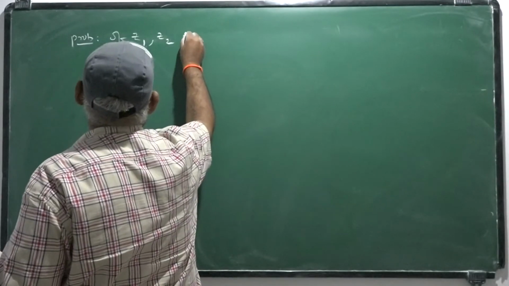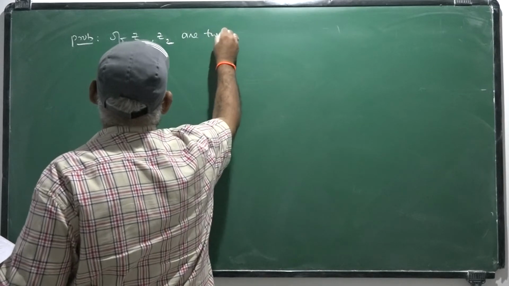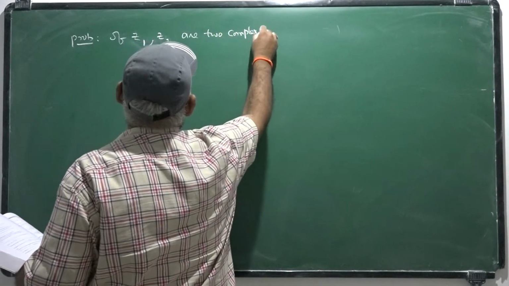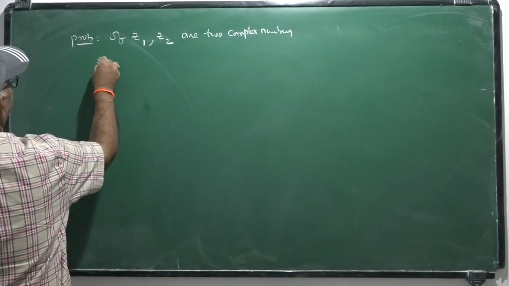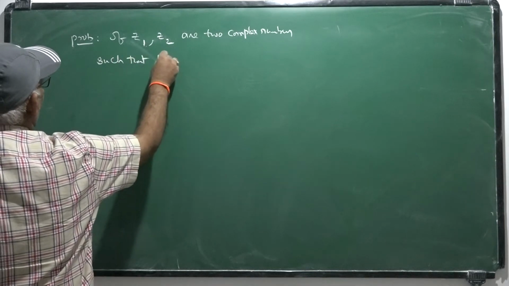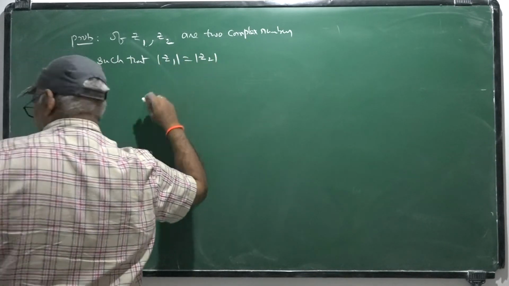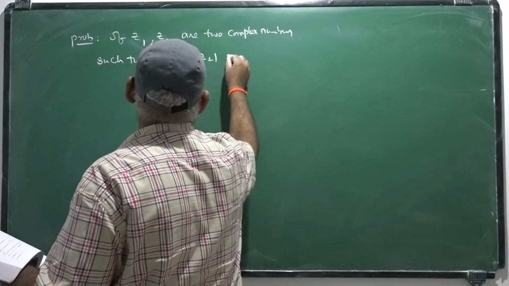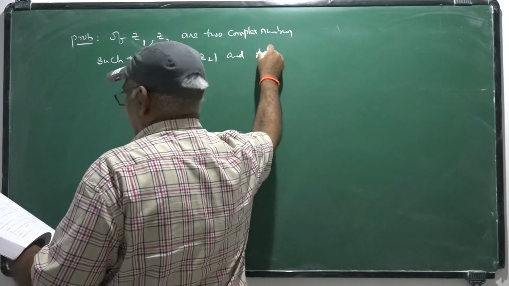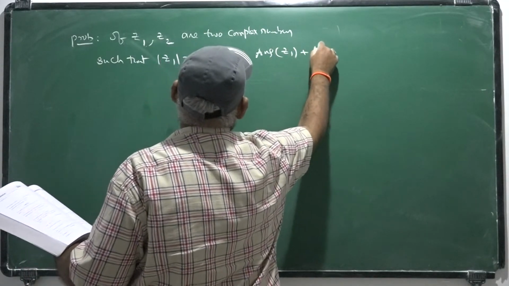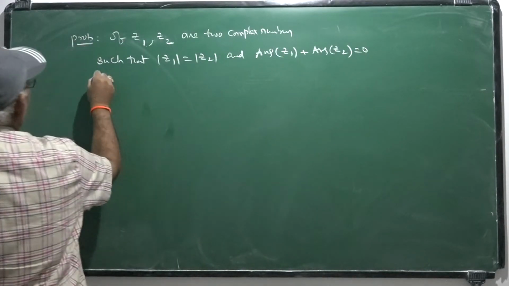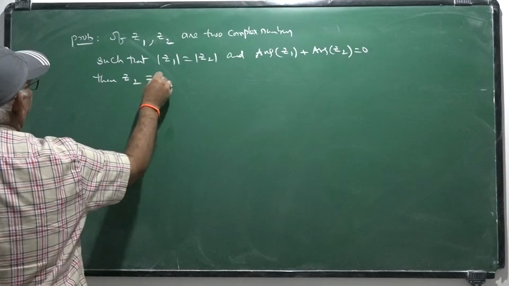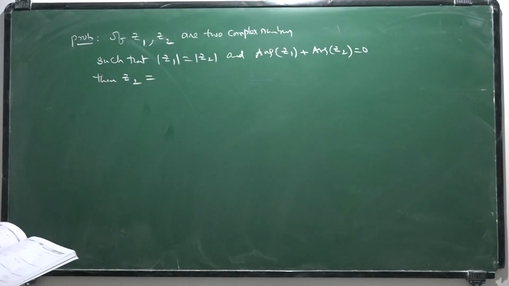If z1, z2 are two complex numbers such that mod z1 equal to mod z2, the modulus values are equal, and argument of z1 plus argument of z2 is 0, then find z2 in terms of z1.